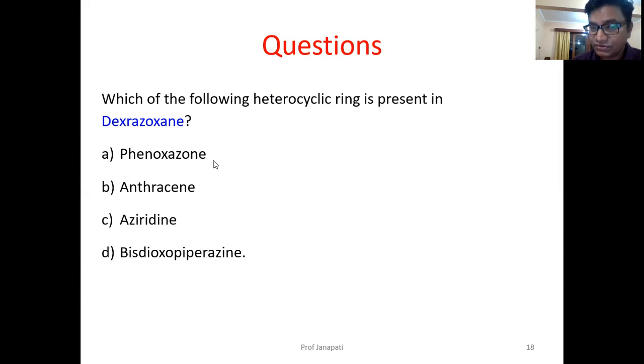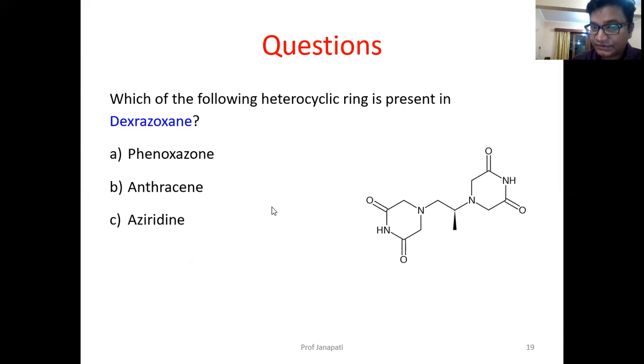There is no phenoxazone, no anthracene structure, no aziridine structure. Phenoxazone is present in actinomycin, anthracene glycoside in doxorubicin, and aziridine in mitomycin C. So this is the heterocyclic ring.